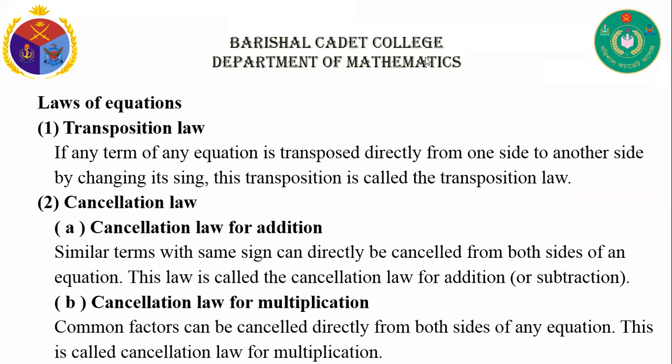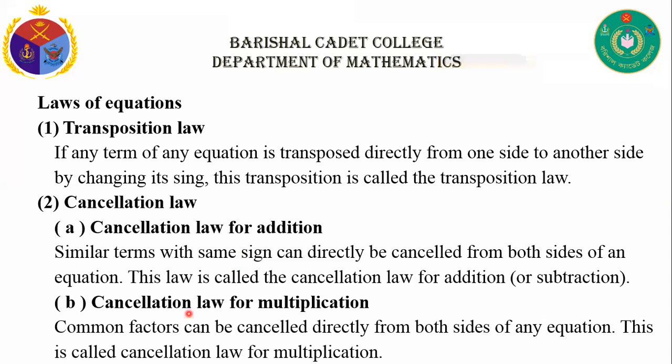Cancellation law for addition: similar terms with the same sign can be directly cancelled from both sides of an equation. This law is called the cancellation law for addition or subtraction. That means we can eliminate the same value from both sides.